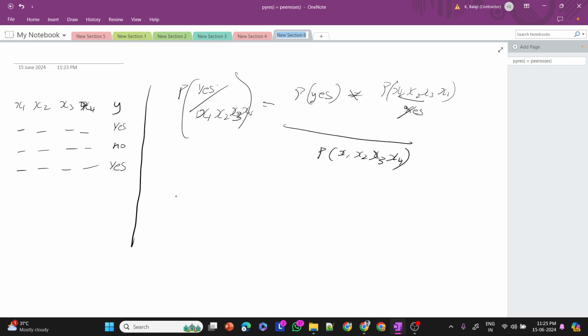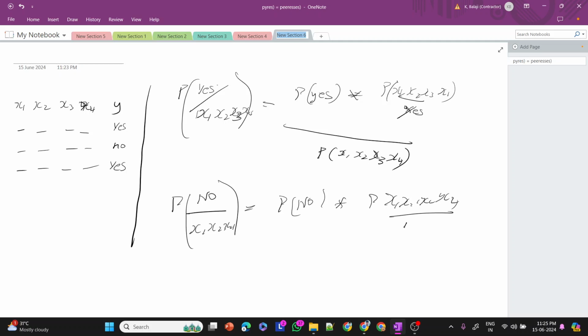Let's compute the probability of no when having x1, x2, x3 and x4. The same formula applies for this condition: probability of no times probability of x1, x2, x3, x4 given no, divided by probability of x1, x2, x3 and x4.